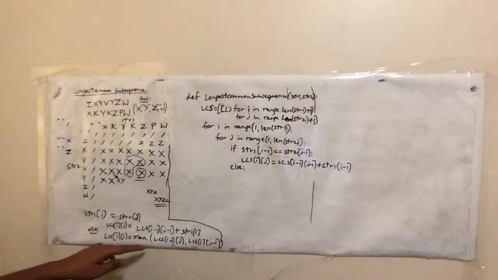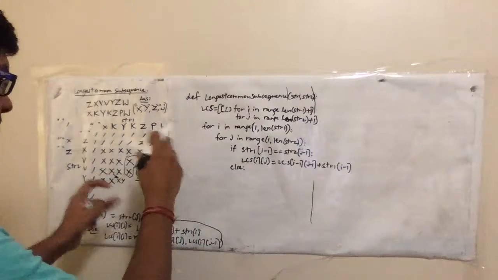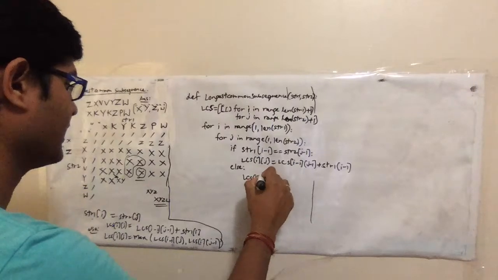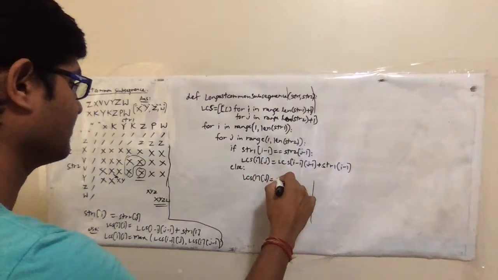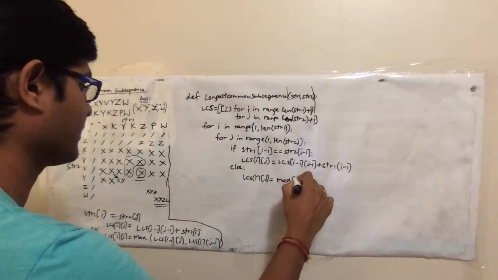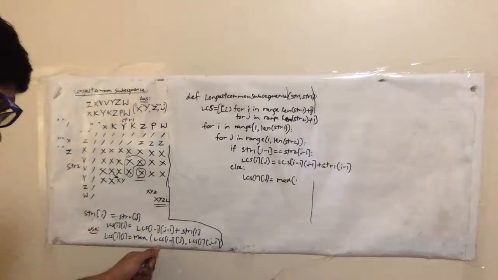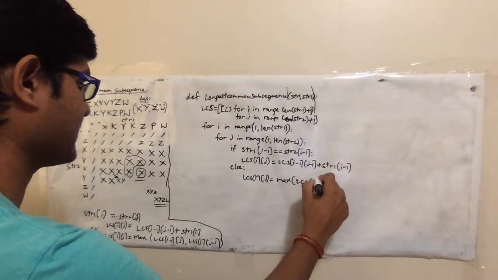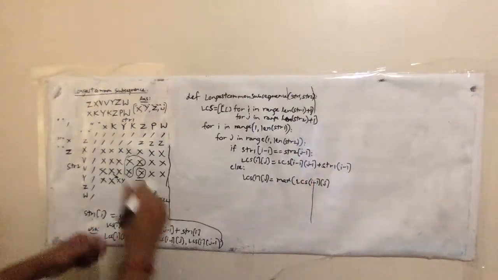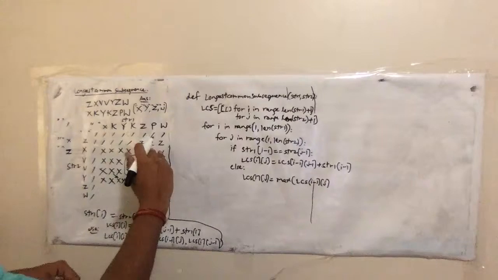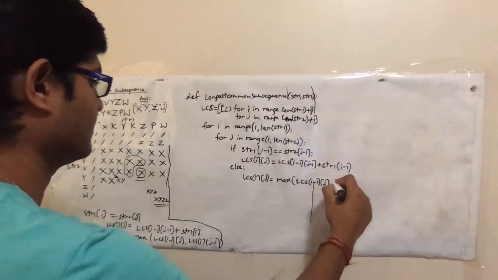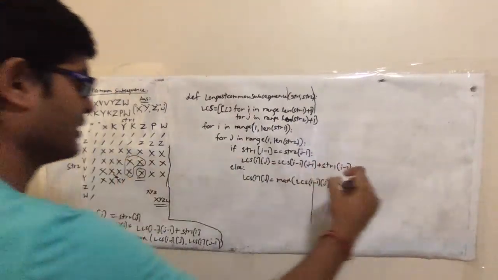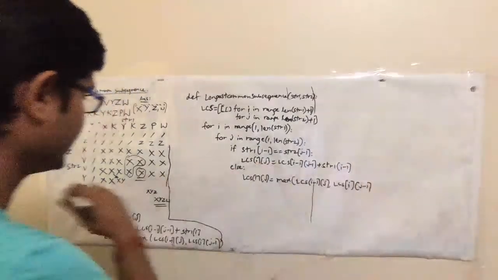So get the maximum length string. Then LCS of i comma j would become the max of LCS of i minus 1, j, so the previous row but the same column, and LCS of i, j minus 1, so the same row but previous column.